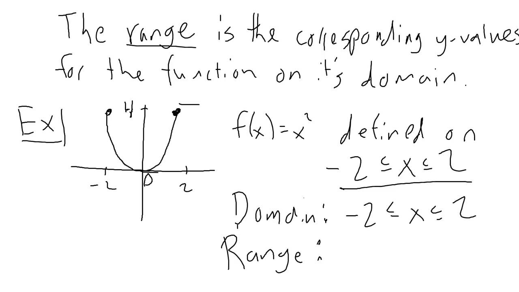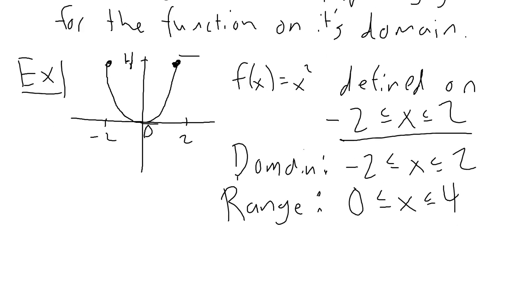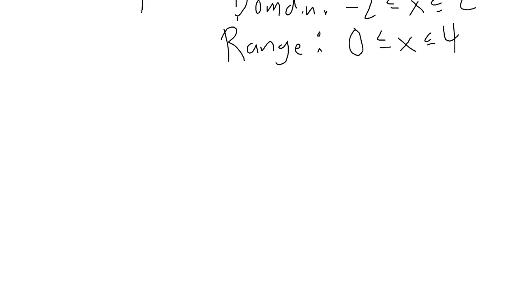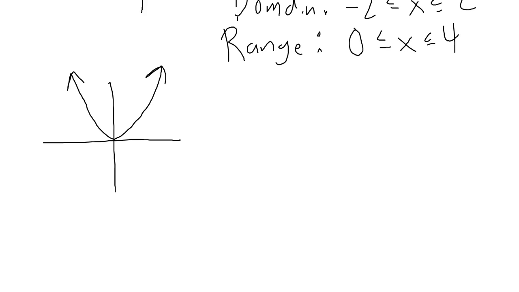So the range is everything between 0 and 4. Those are all possible outputs of f. And then in comparison, we could have the function f of x equals x squared defined everywhere.